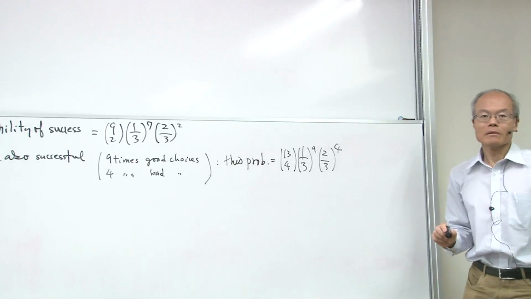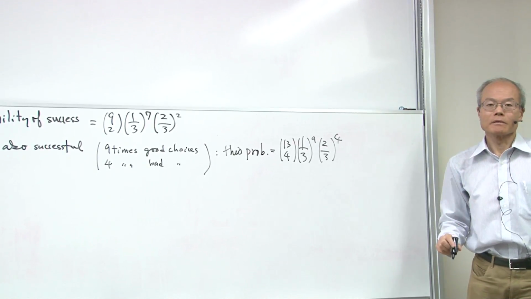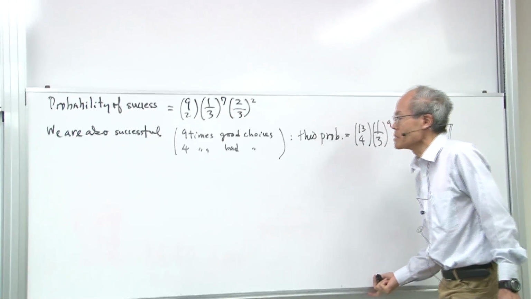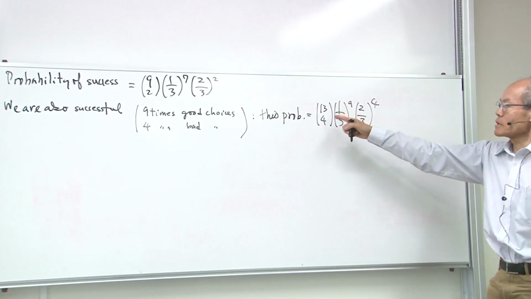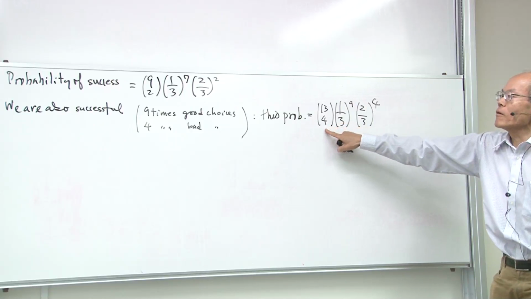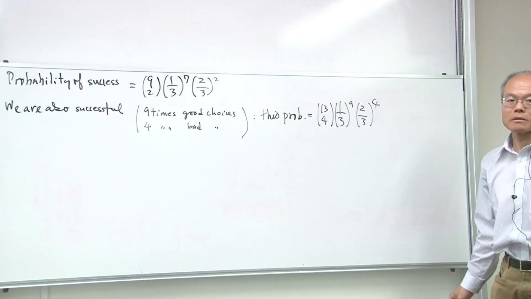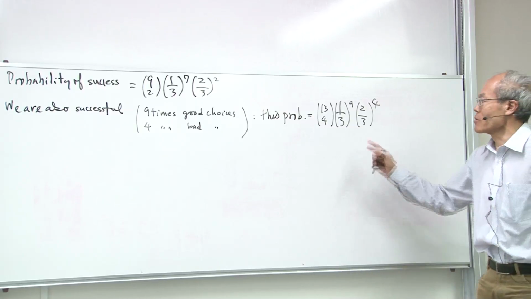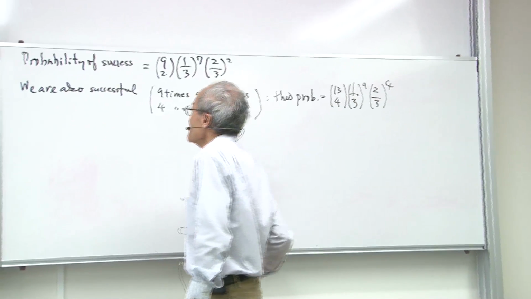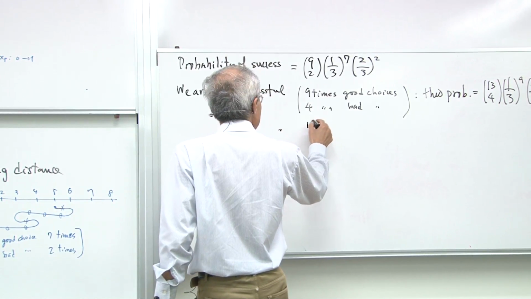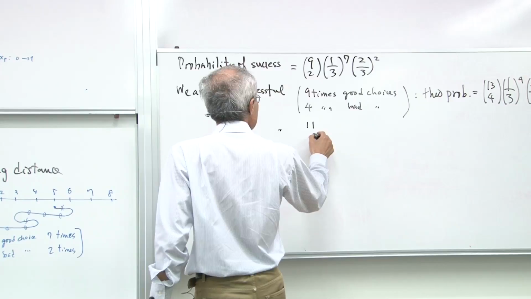Okay, this is also successful. The length of the path is 13 this time, and out of 13 choices, 4 are bad choices, 9 are good. It is also successful. Maybe 11 and 6.